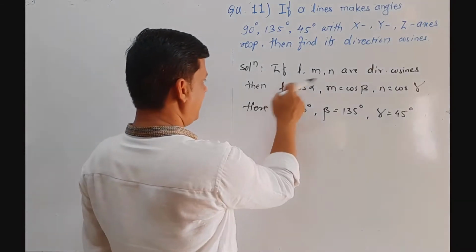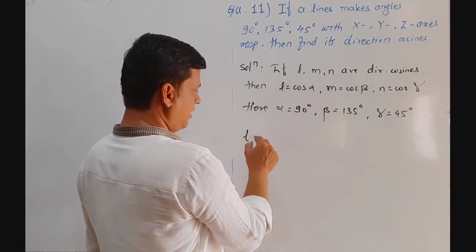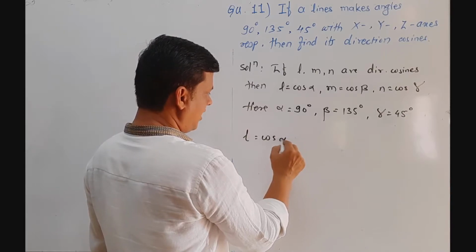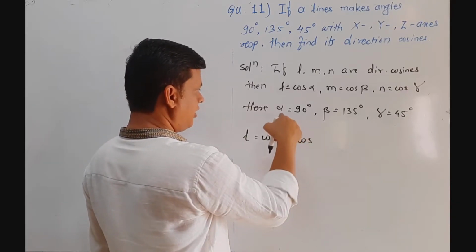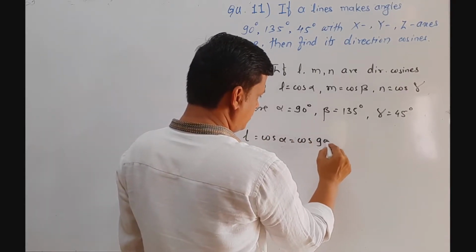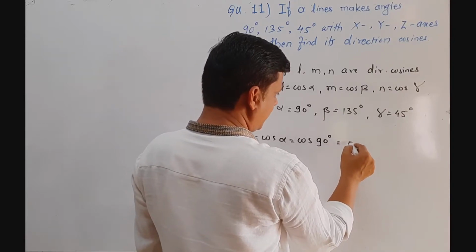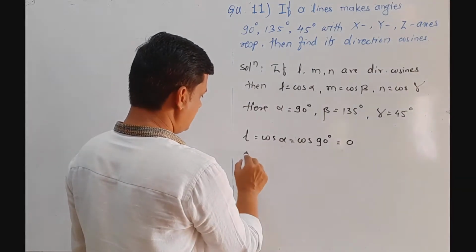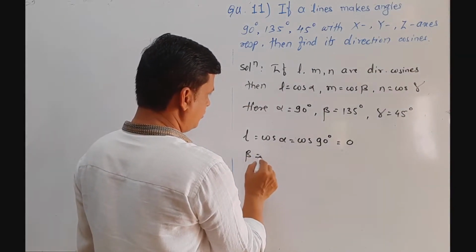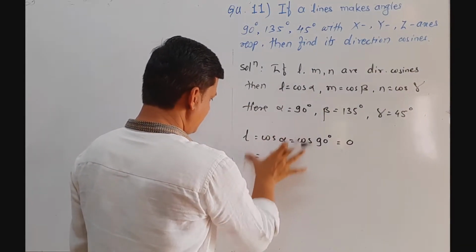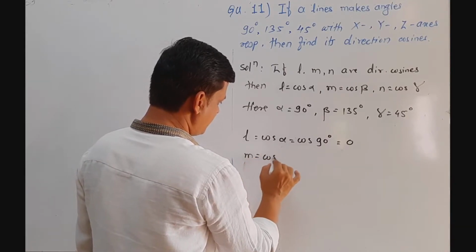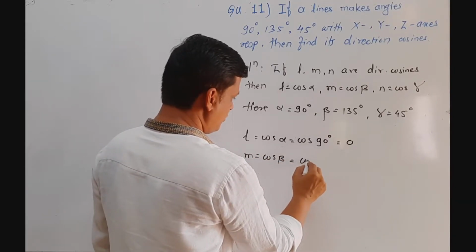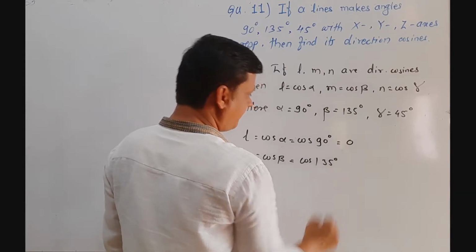So we first find l, that is cos alpha. Replace the value of alpha by 90 degrees, so we get cos 90. Cos 90 is 0, that means l equals 0. Then m is equal to cos beta, which is equal to cos 135 degrees.